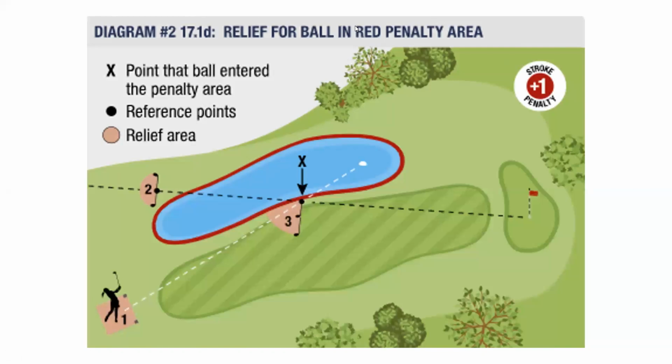It's a dog leg left, big pine tree, about 300 yards off the tee, and it was a big advantage there if they could take opposite side relief. So that may be one place when you run that tournament this coming summer that you consider using that. Yeah, definitely. I could see it coming in play there for sure.